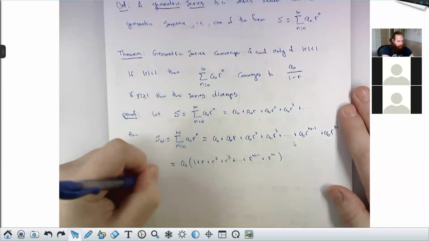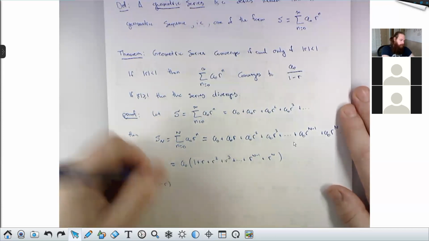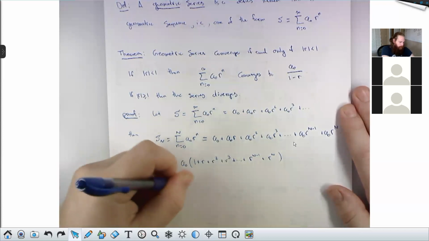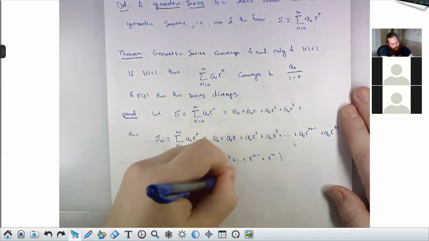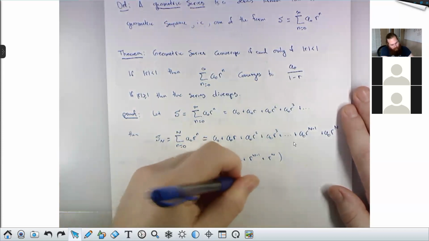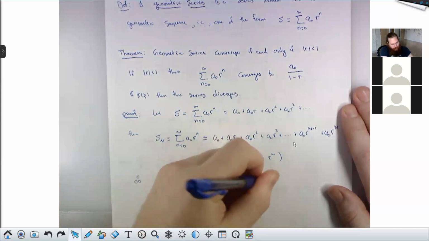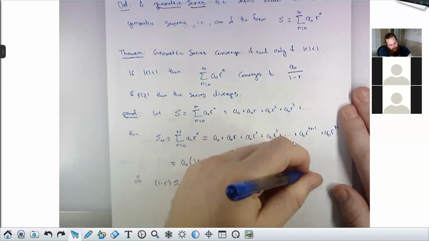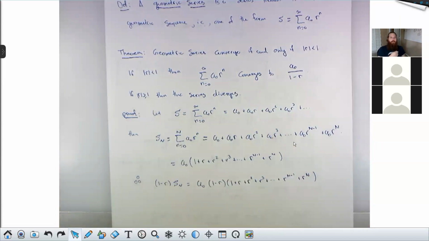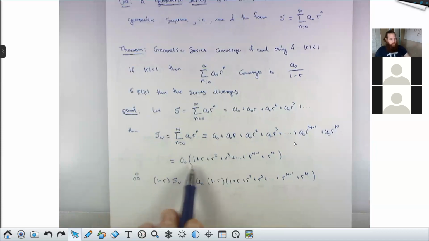To do that, I'm going to multiply both sides by 1 minus R. And I'll shuffle the A naught out front. And that gives me this. So I just take this equation, Sn equals A naught times 1 plus R squared out to R to the n. And I multiply it over here by 1 minus R and over here by 1 minus R. So I multiply both sides by 1 minus R.